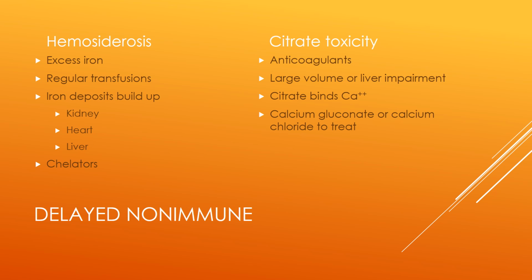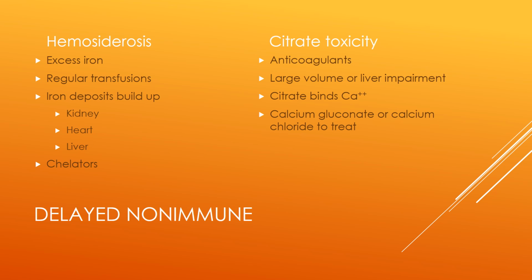Generally, the places where we see this are in patients who have to have regular transfusions over their lifetime. So this is patients who have things like thalassemia or sickle cell. They end up getting about an extra 250 milligrams of iron every time they receive a unit. And we don't excrete that much iron.